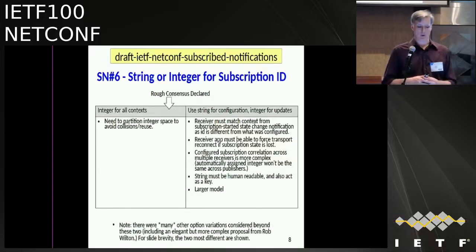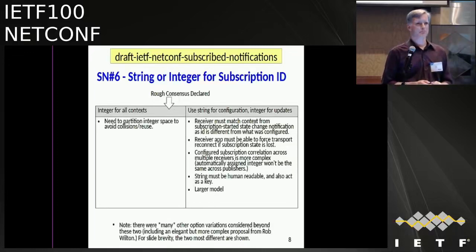That wasn't the only way to do it. There was another model that Robert was talking about, where you had a combination between the 2, where you still had some issues. In the end, I think the issue has worked fairly well on the list, and even though not everybody had the answer they wanted, the rough consensus out there was to use the integer one.